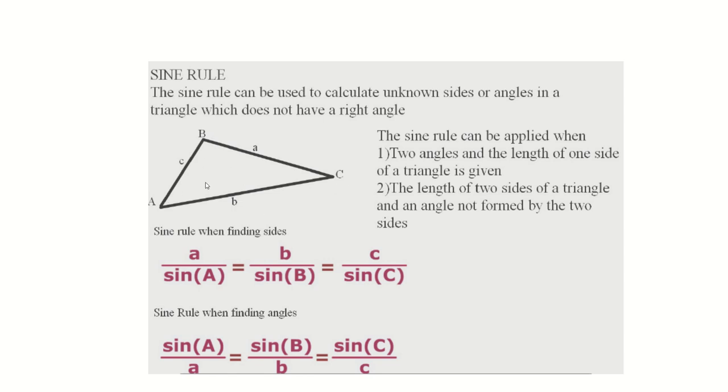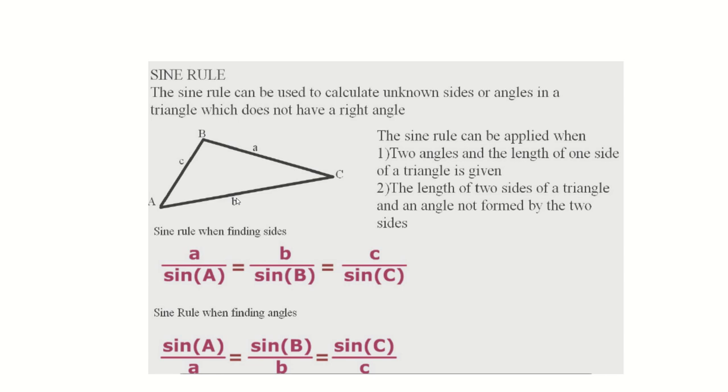If I have B and angle B, or C and angle C, and they give me that combination of a side and its corresponding angle, and they give me an angle and I want to find the side, I can use the sine rule.